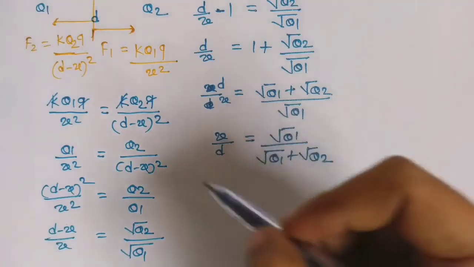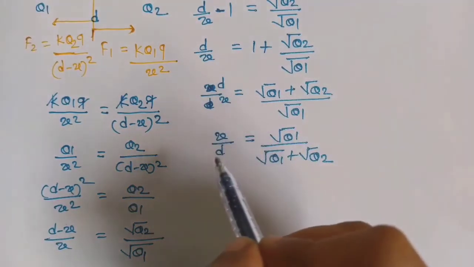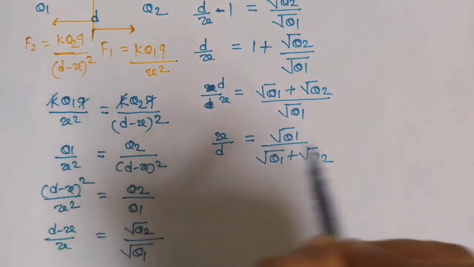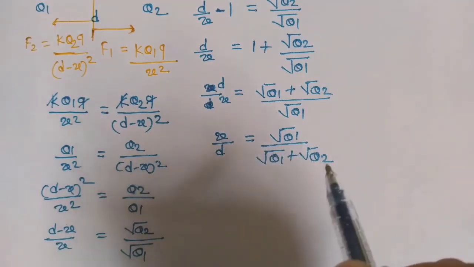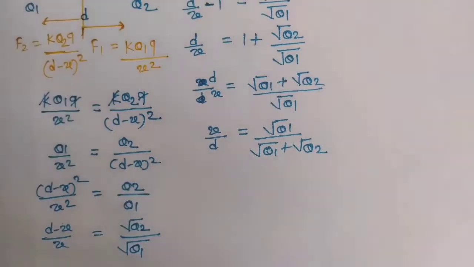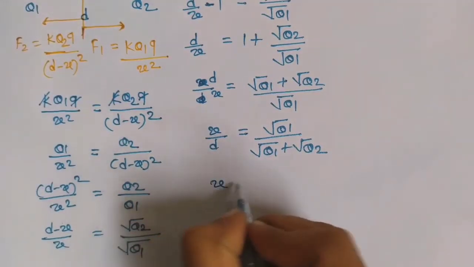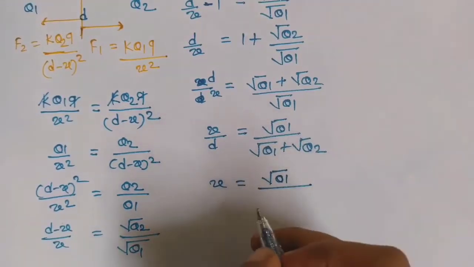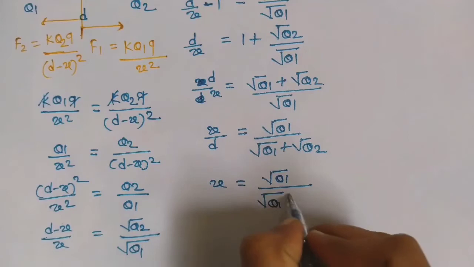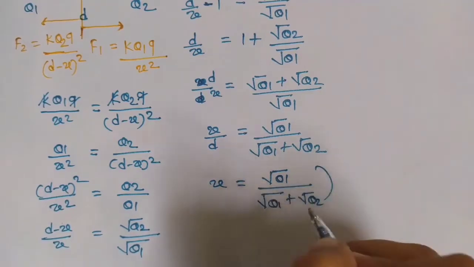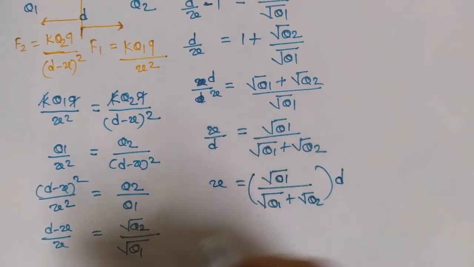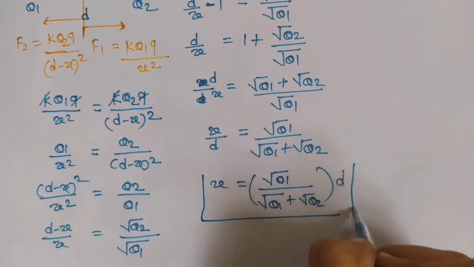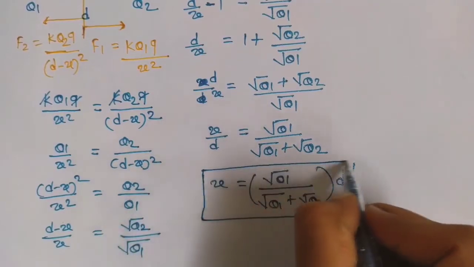Taking its reverse, x upon D is equal to under root Q1 upon under root Q1 plus under root Q2. So x is equal to under root Q1 upon under root Q1 plus under root Q2, into D. This is the formula for the location of unknown charge Q.